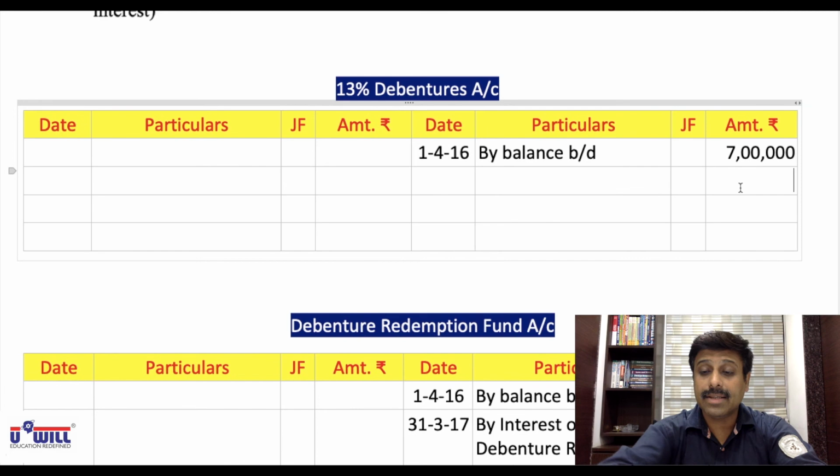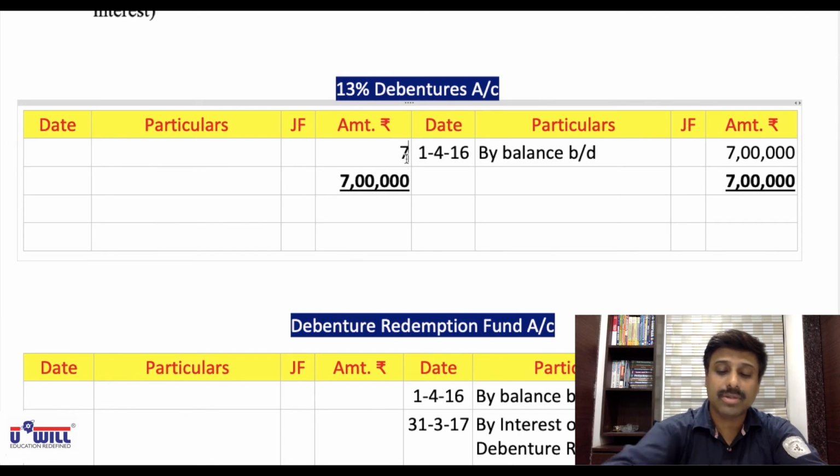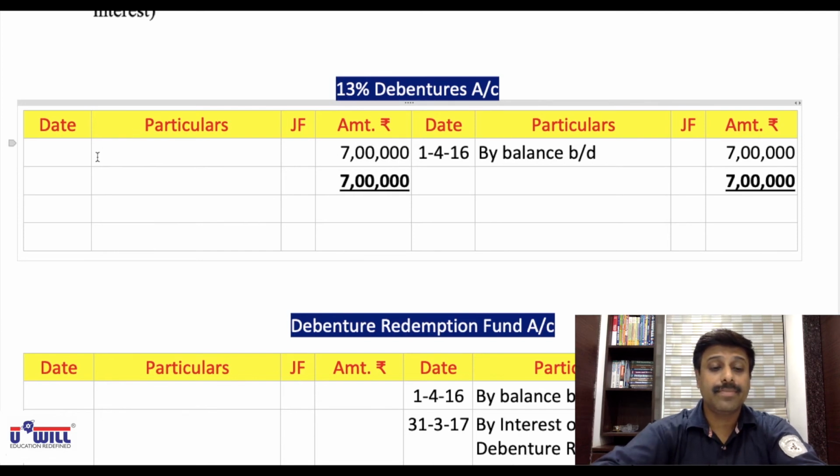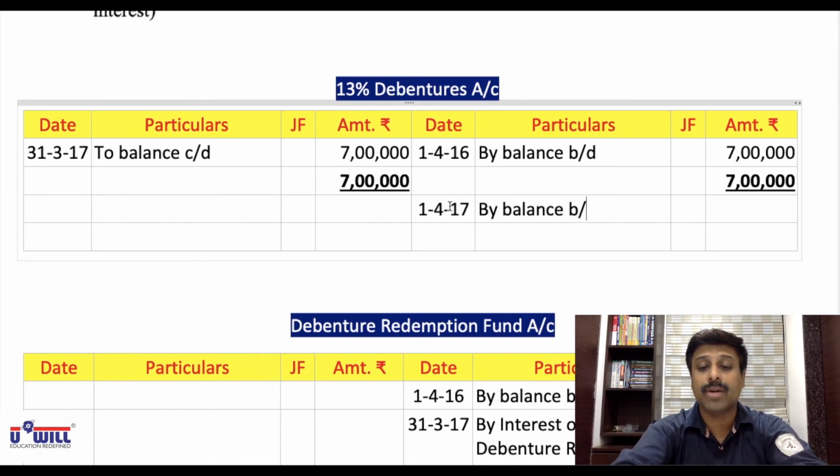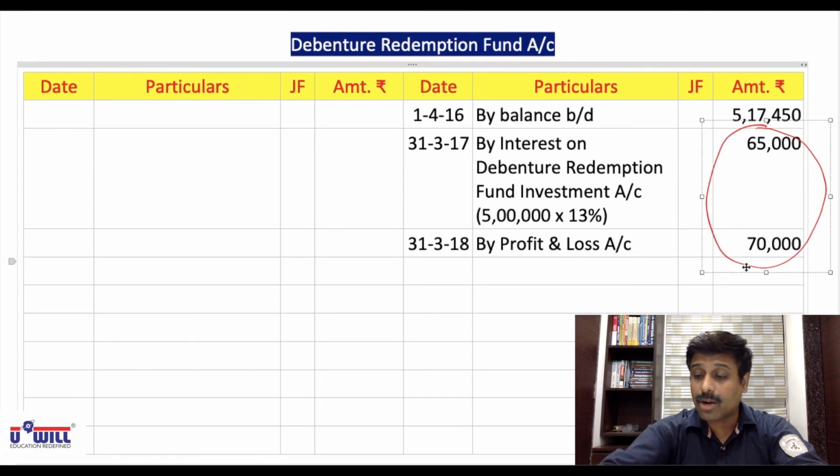We'll do the balancing. Debentures will have a balance of 7 lakhs on both sides, total 7 lakhs. Balance also 7 lakhs. 31,317 to balance carried down. Opposite side 1,417 by balance brought down. The fund account will have a total of what amount? 5,17,450 plus 65,000 plus 70,000.